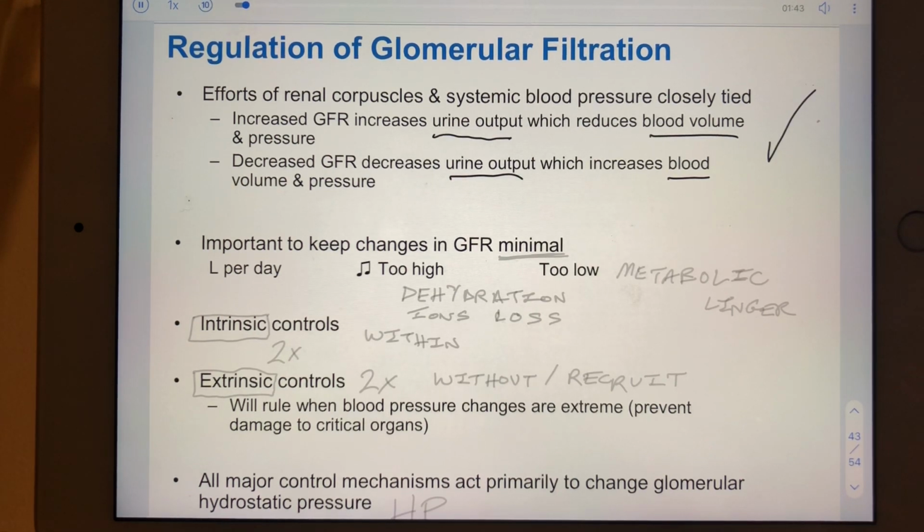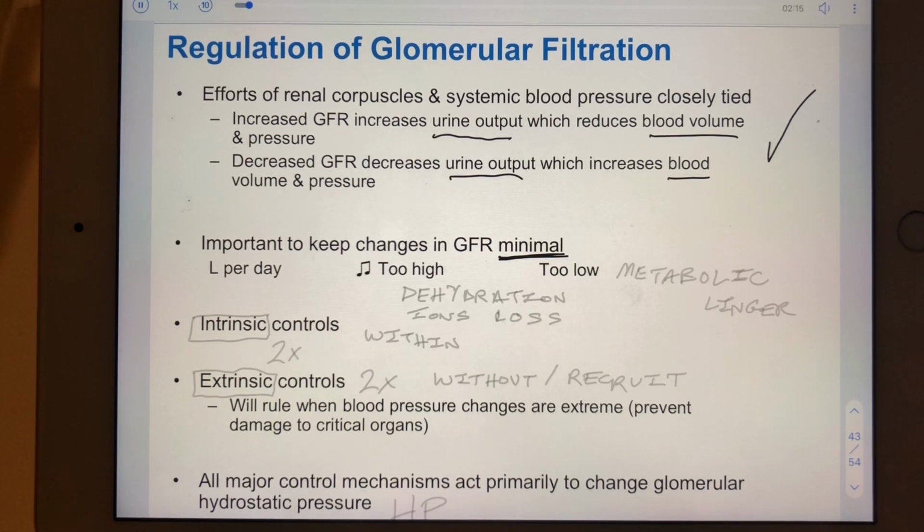Why is it important to minimize how much glomerular filtration rate is allowed to change? Why is it so important to keep those changes to a minimum? Well, one way to think of that is, suppose we increased mean arterial pressure from 100 millimeters of mercury to 125 millimeters of mercury, all right? And we didn't have any regulatory mechanisms in place.